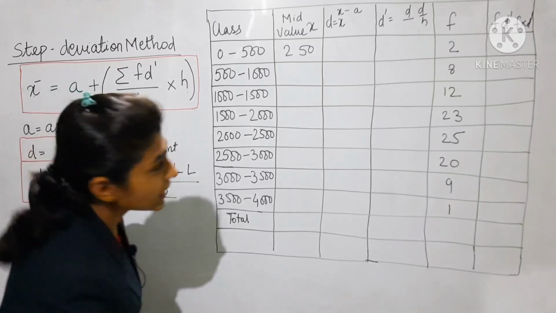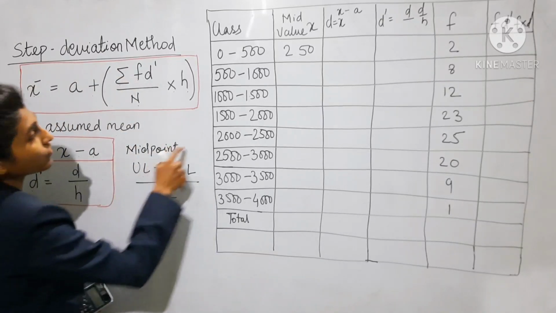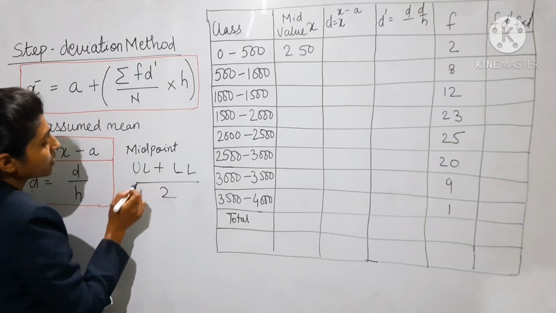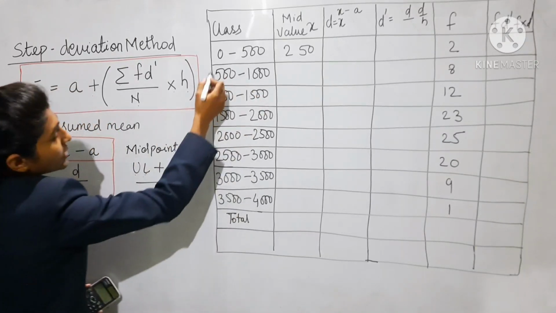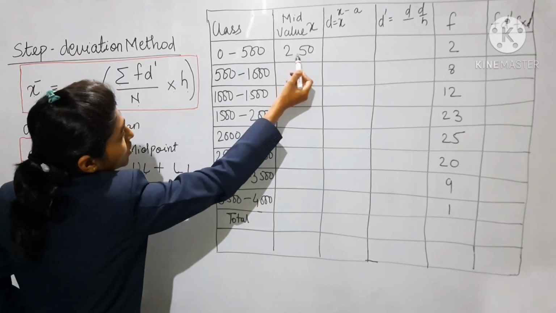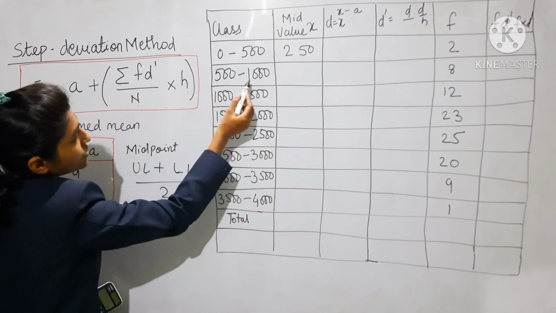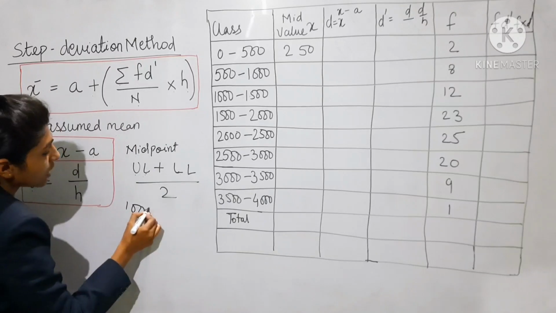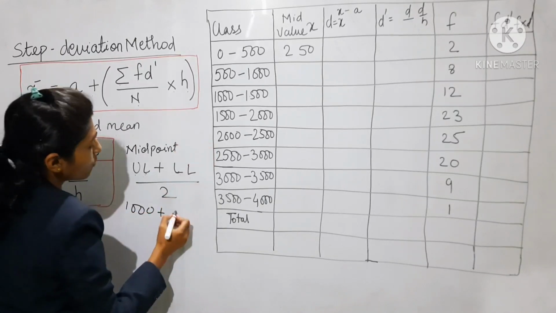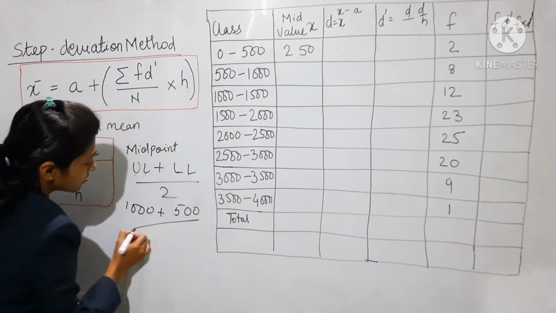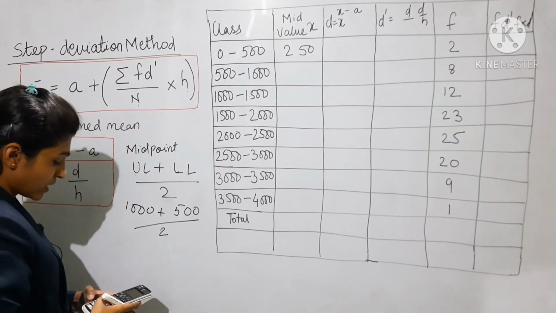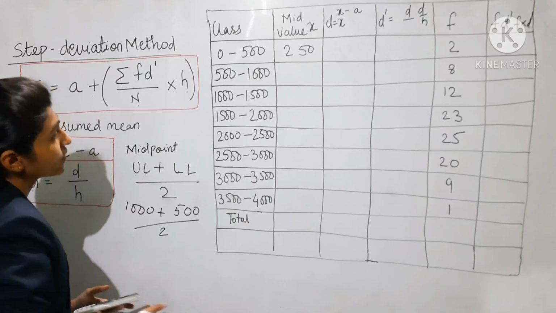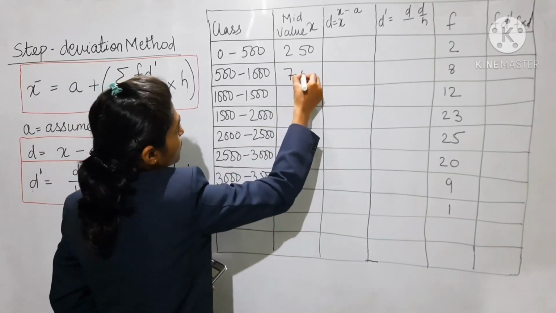Now for the second class, use this formula to find the mid value: upper limit plus lower limit divided by 2. The first class mid value is 250. For the second class, the upper limit is 1000 plus the lower limit 500, that is 1500, divided by 2, we get 750.